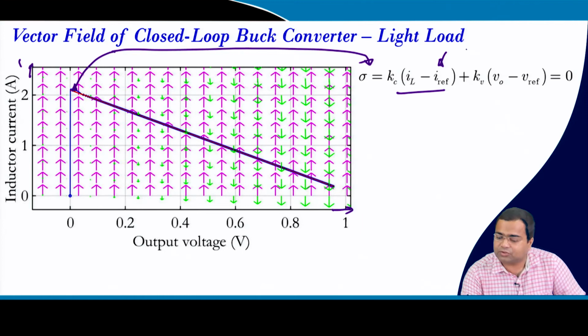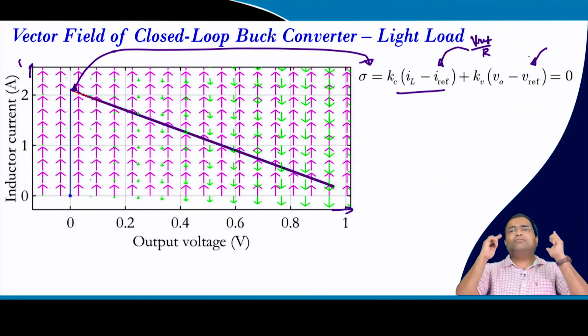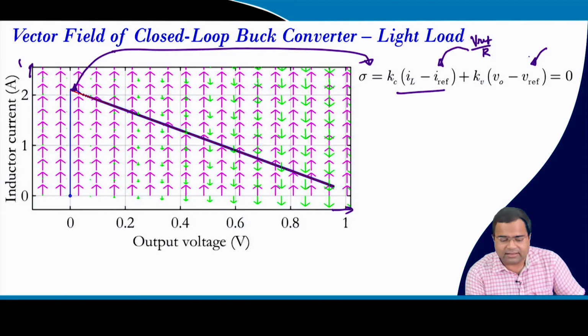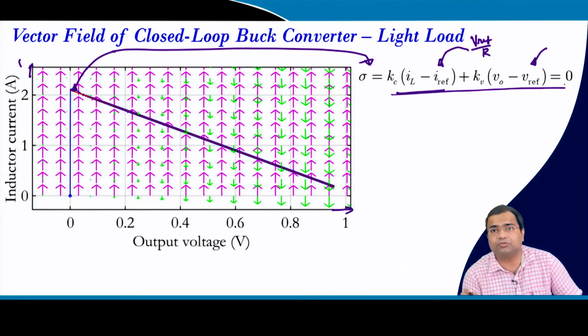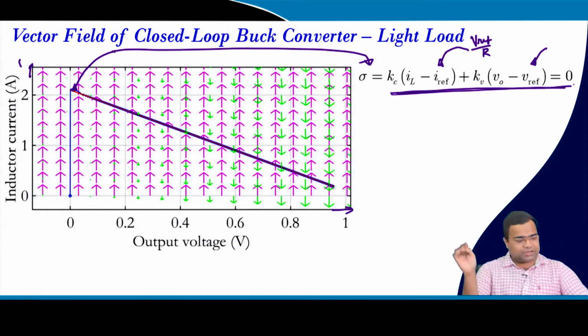What is that? It is something like Vref by R, that is my reference current, and my reference voltage is the 1 volt we have set. And whenever the surface equation sigma equals 0, that means if the trajectory is there, this will be simplified to 0 and it represents a one dimensional motion.